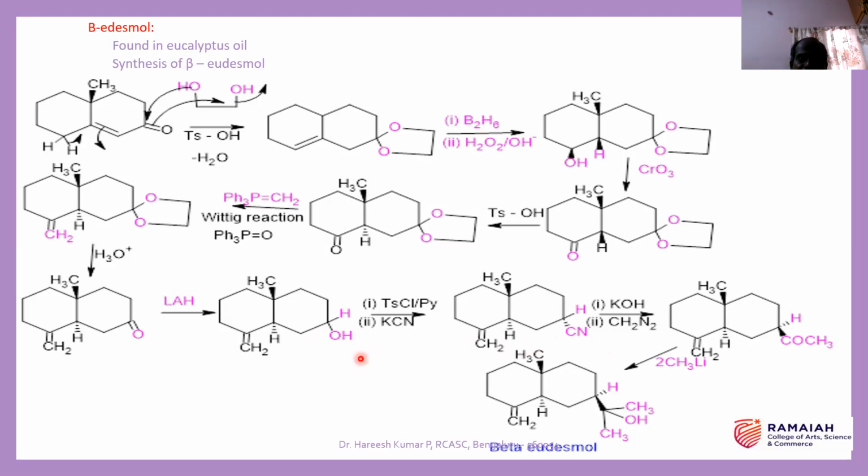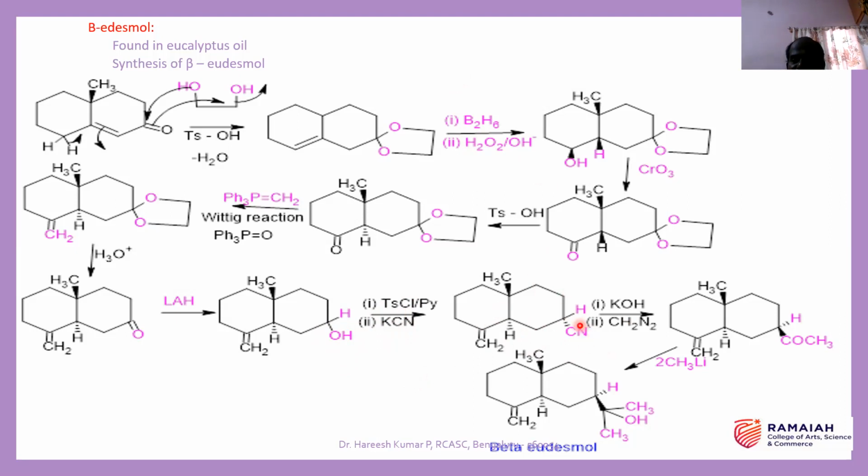It is possible in 2 steps. In the first step, the hydroxy group is converted into tosylate. Tosylate is a better leaving group compared to hydroxy. Then a nucleophile, CN minus, attacks and forms a nitrile group.